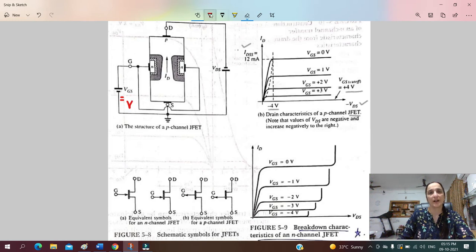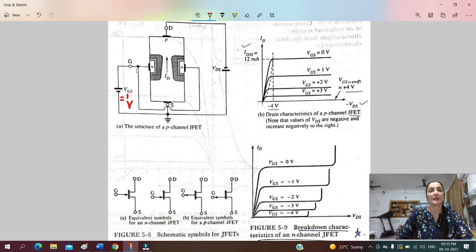So if I apply VGS to be 1 volt, what will be the polarity of VGS? We have to apply VGS such that it also adds to the reverse bias voltage drop along the entire length of the channel. It also adds to the reverse bias voltage between the gate and drain junction or between the gate and source junction.